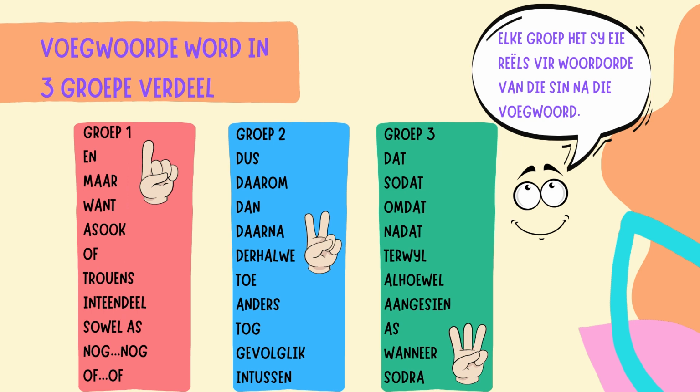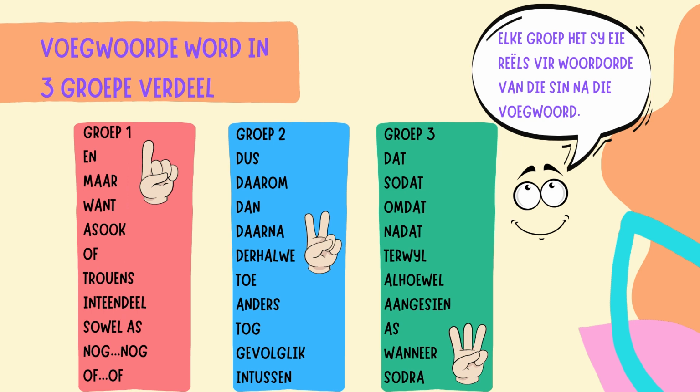Okay, so let's quickly look at group 1 conjunctions. If you see any of these conjunctions, that means they belong to group 1 and we need to follow the rules for group 1. En, maar, want, asook, of, trouwens, inteendeel, sowel as, nog en nog, of en of.